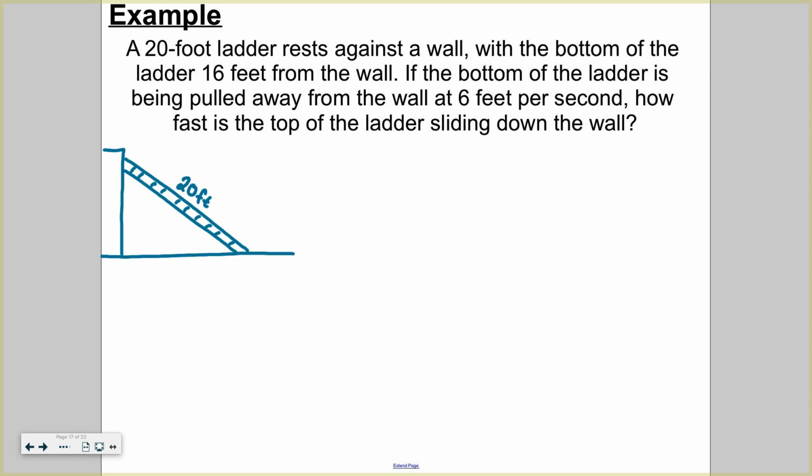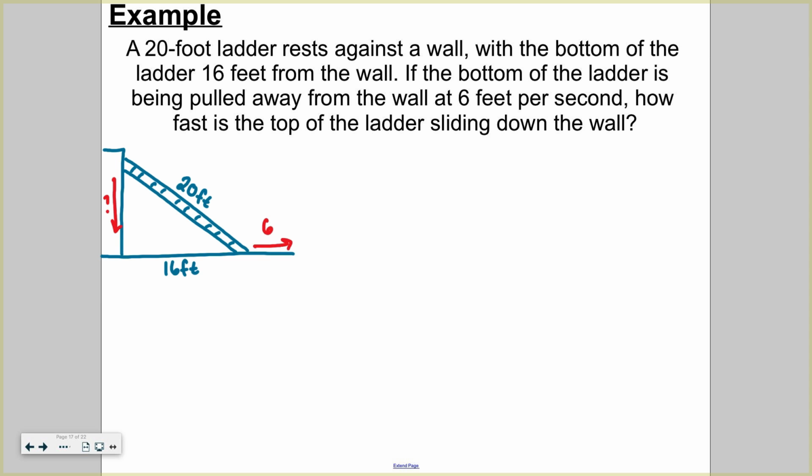We are told the bottom of the ladder is 16 feet away from the wall. And we know that the bottom of the ladder is being pulled away from the wall at 6 feet per second. And we want to figure out how fast the top of the ladder is sliding down the wall.